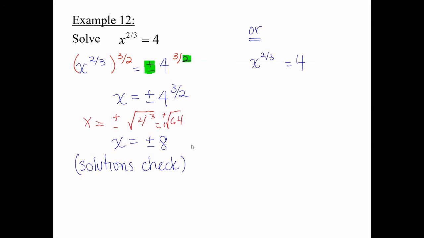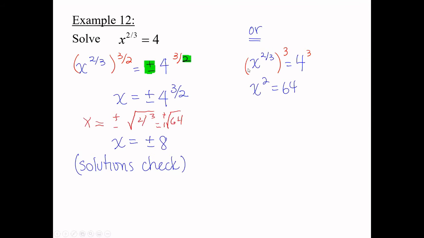Now, here's an alternative way of working this problem. I said you could do it in 1 step, like we did here, or you can do it in 2 steps. In this case, we're multiplying each side by the power of the denominator of the fractional power.